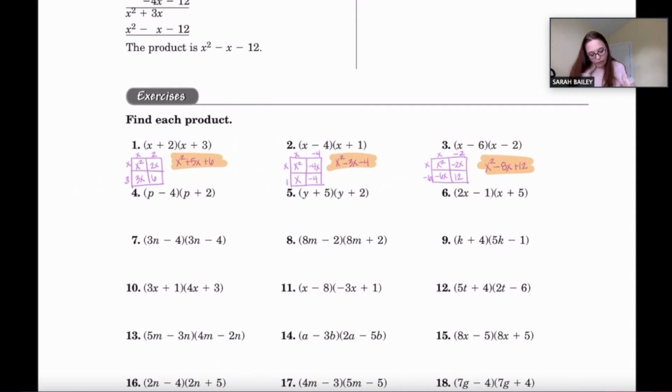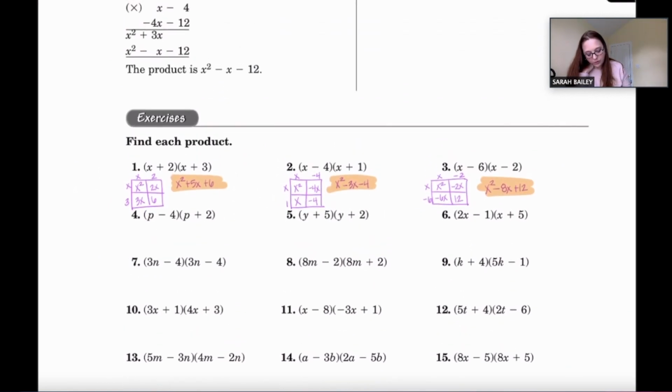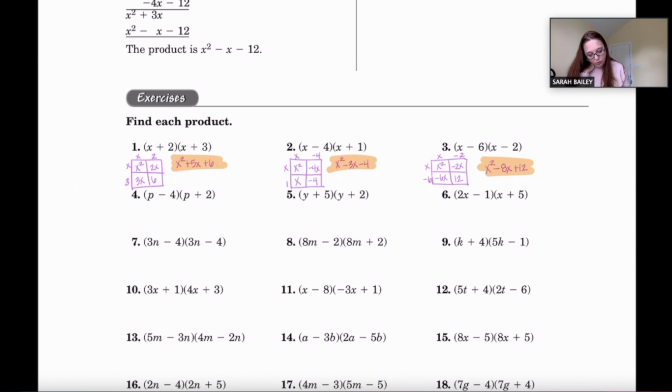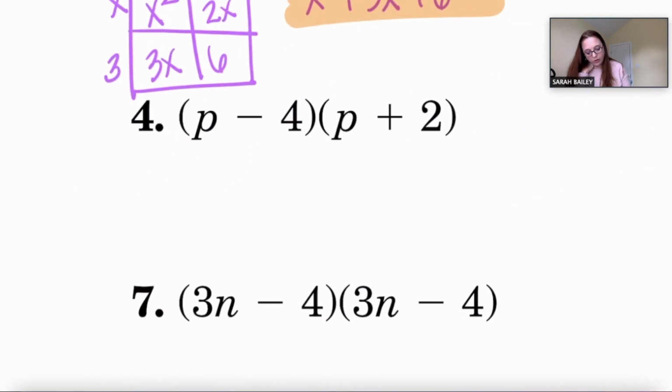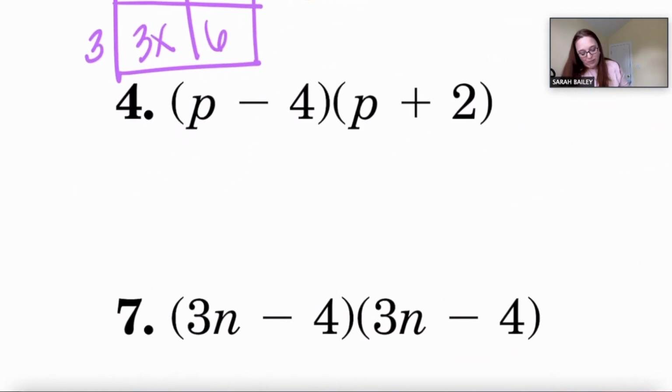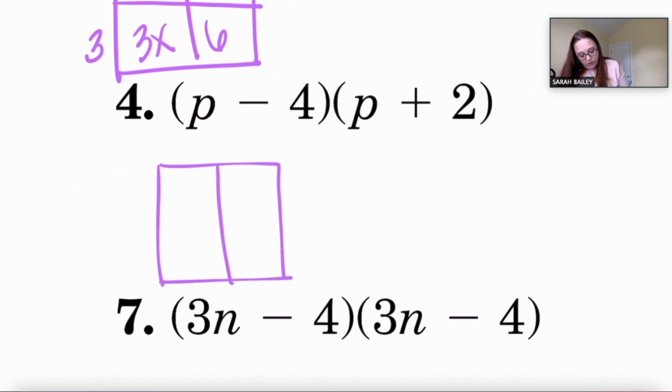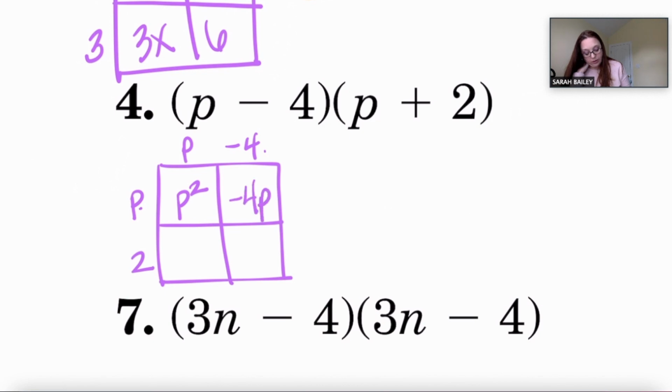Let's try just a few more. Let's do number 4 before I send you off on your own. Okay, so I'm going to make that box. So I've got p, then negative 4, p, and then 2. So p times p is p squared. p times negative 4 is negative 4p. 2 times p is 2p.